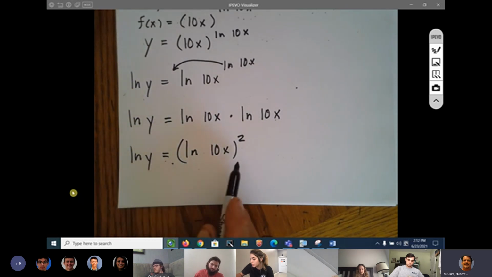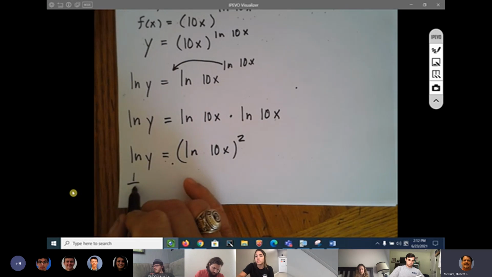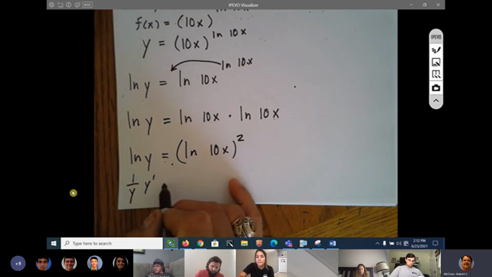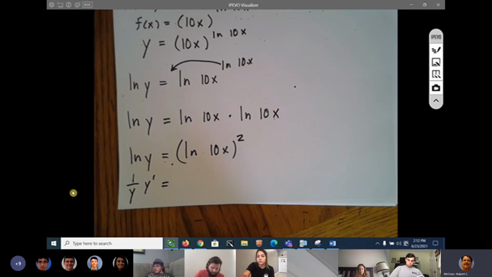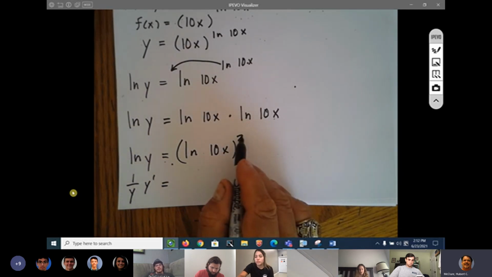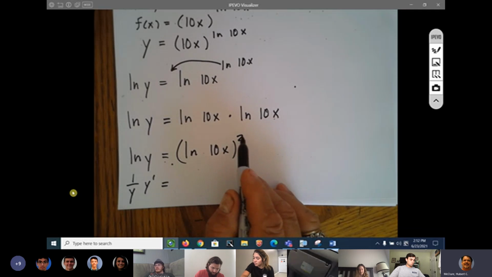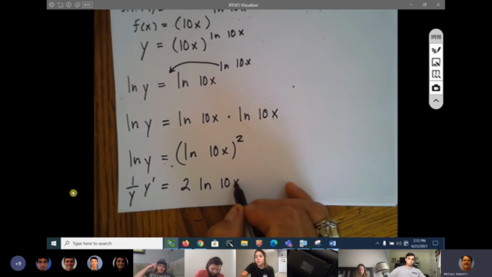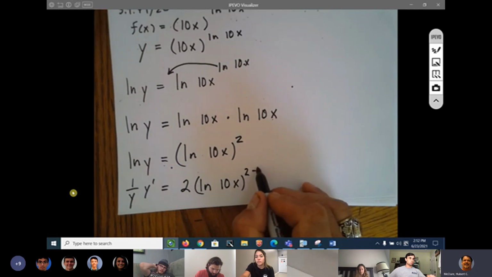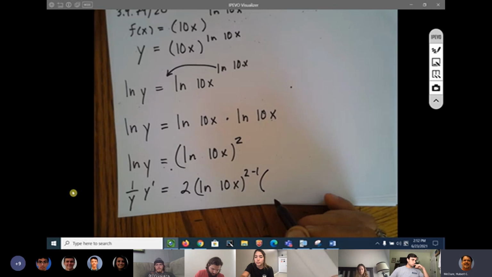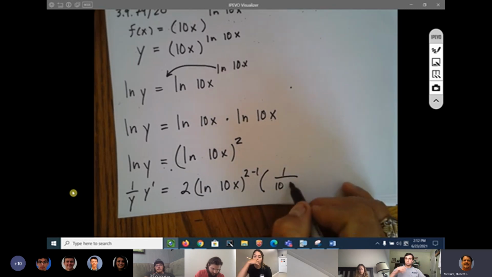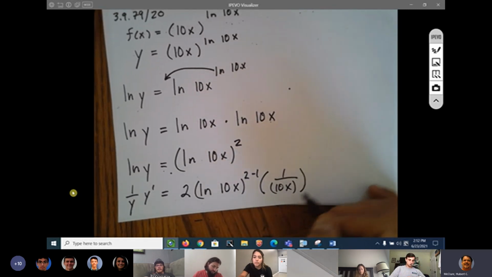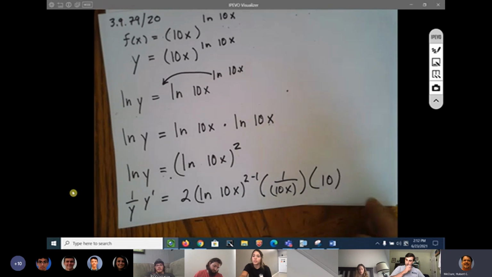So implicit differentiation, I'll give you this one: 1 over y times y prime is equal to 2 log of 10x to the first power, times, what is the derivative of the log of 10x? 1 over 10x, and then the derivative of what's inside is 10.